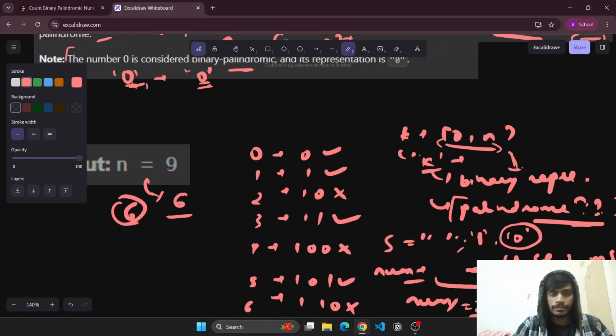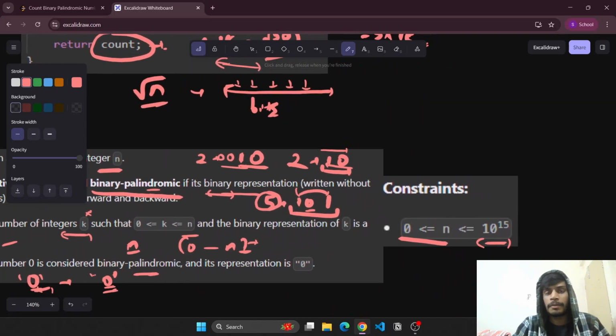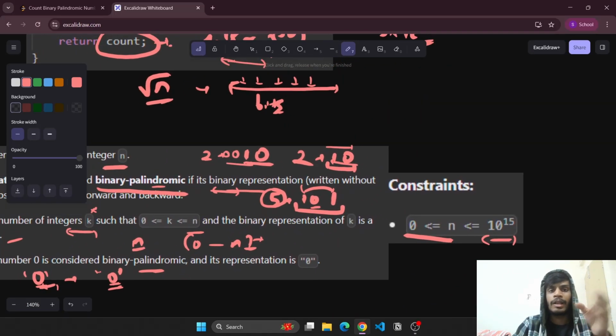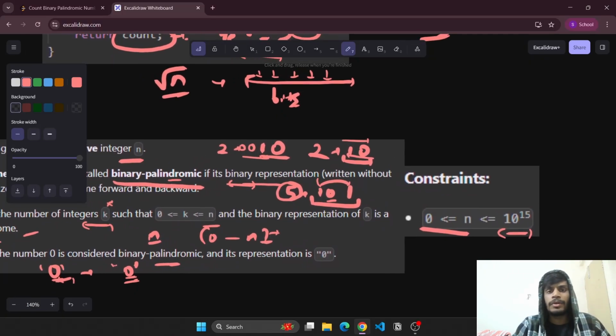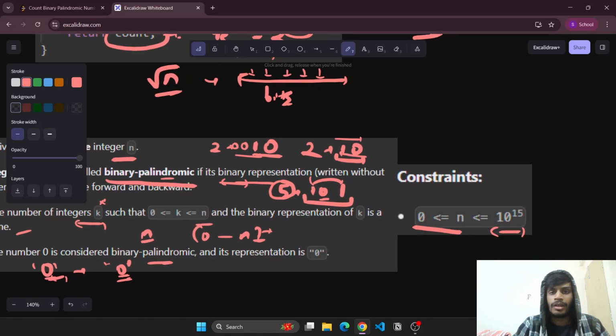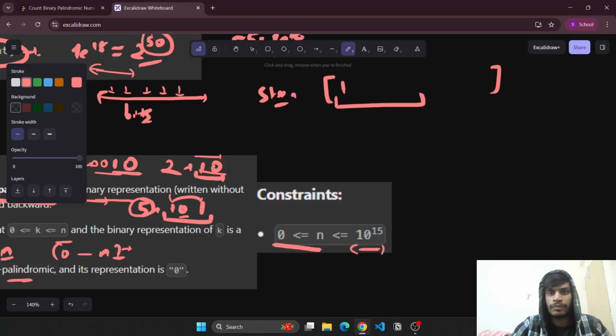So what I'll do here is go through the entire approach first, and then we'll discuss the code, and then the concept that we'll be using will become crystal clear. So the problem that we have is, suppose we have a binary representation of a particular binary palindromic string. Suppose the first half was 1000.